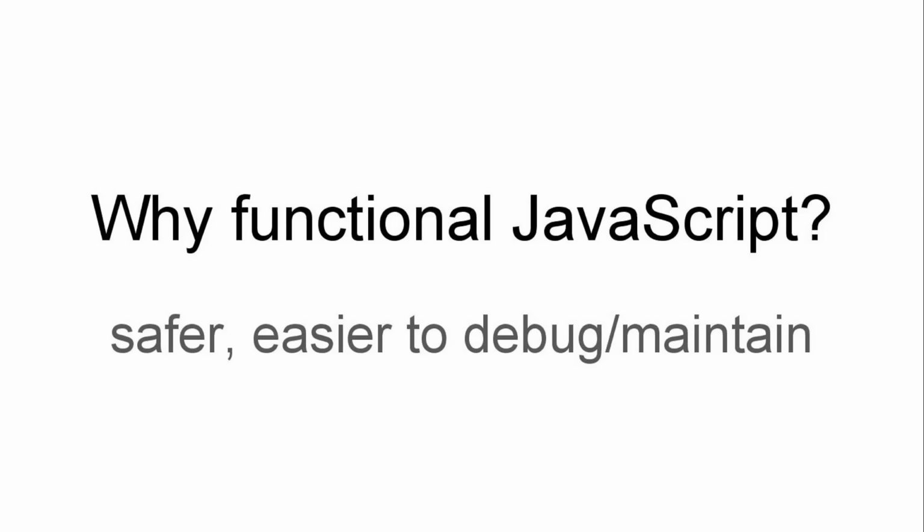So I found that really tricky and confusing, and so I thought, all right, I want to get more into JavaScript, but let me set aside the object orientation and try to think about things in a functional way, which is maybe simpler in some ways, and avoid some of these problems, like bugs introduced by binding this to the wrong thing. So functional JavaScript, to me at least, is a bit safer, a bit less tricky, a bit easier to debug, a bit easier to maintain as you're building a project. And we'll take a look at some of the features that make that easier in a bit.